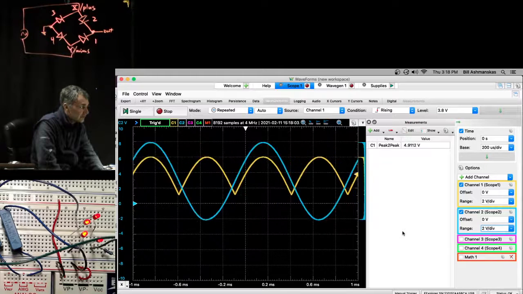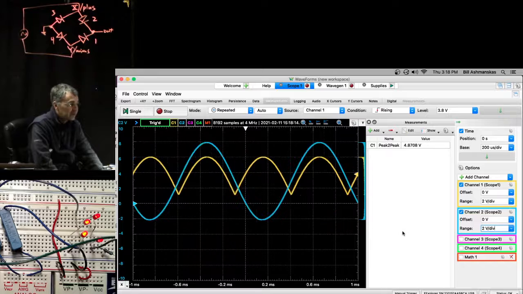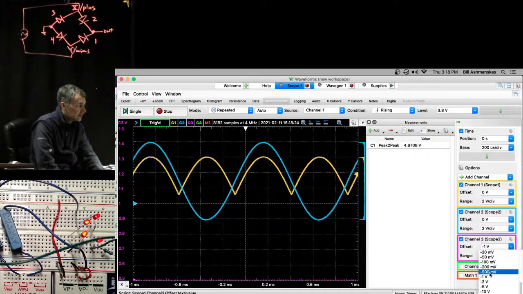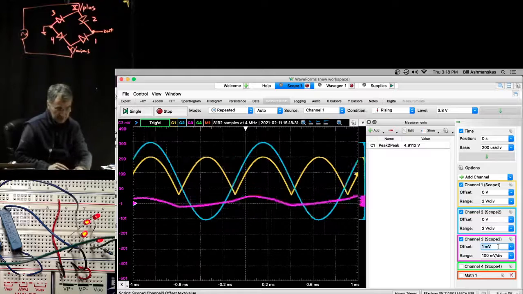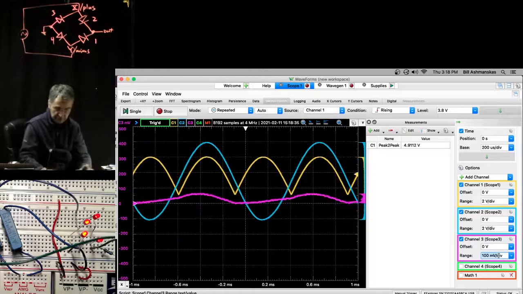That's kind of interesting. It's supposed to be pulled to like a diode drop below ground, and I think it doesn't quite work out. Oh, maybe it does, maybe it does because the LED has a big drop. Okay, so I take it back. This may still be working. Okay, then we're going to add channel 3, and this is going to have offset 0 and 2 volts per division.